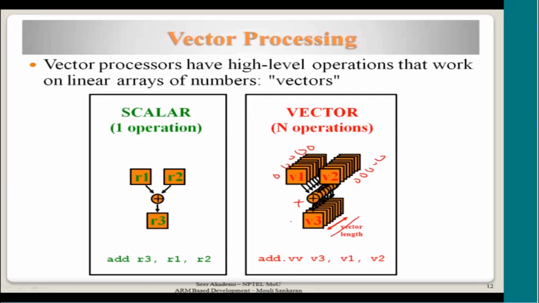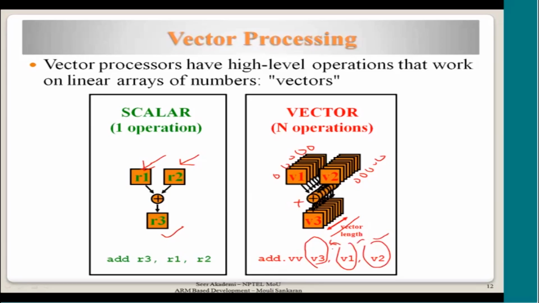So typically in a scalar operation, in an addition operation, one set of data is taken and then the result comes out. Whereas in the case of a vector processor, a vector of data is taken. So these two are inputs and then the output is given.